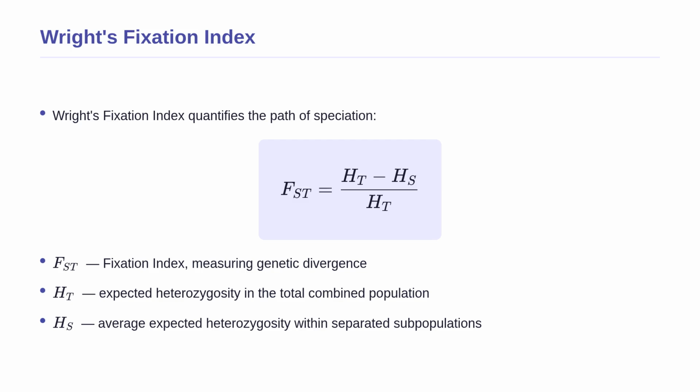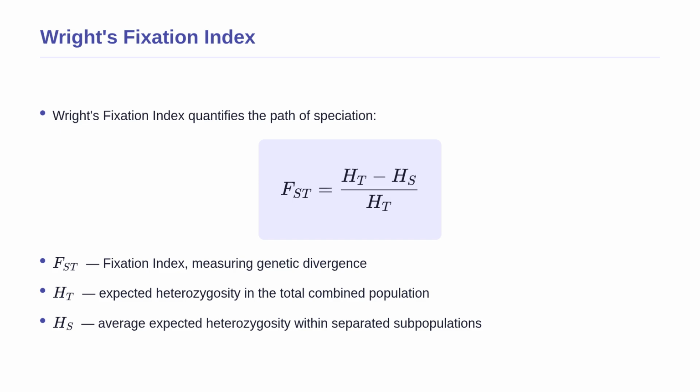This mathematical tool we just discussed is expressed through a specific equation. The formula for Wright's Fixation Index is FST equals HT minus HS, all divided by HT. Let us break down what these symbols mean.